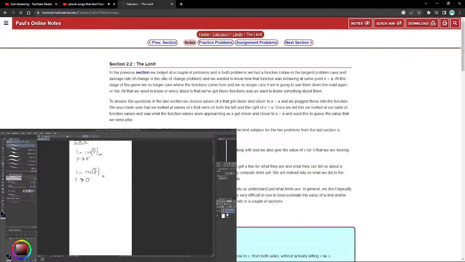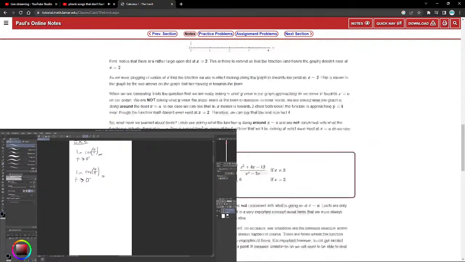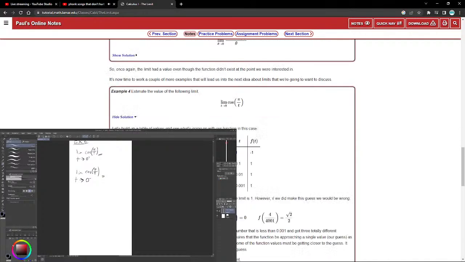So what did this look like in the previous section? Because I don't feel like rewriting all this.